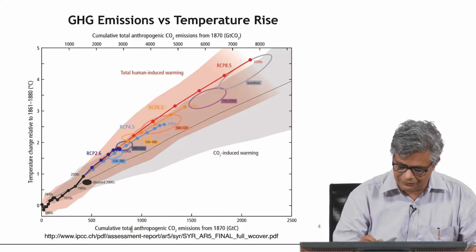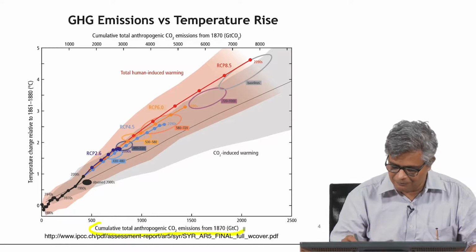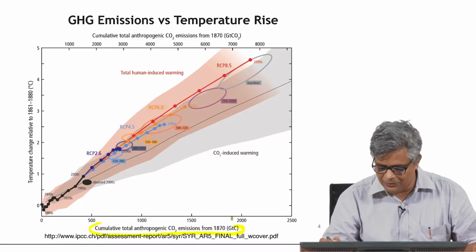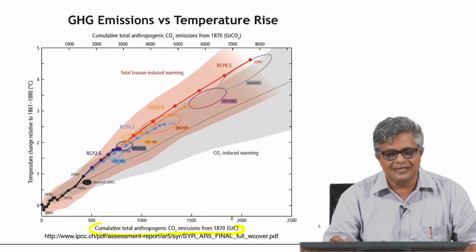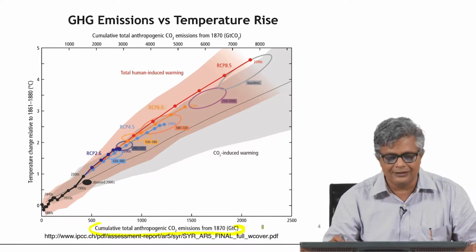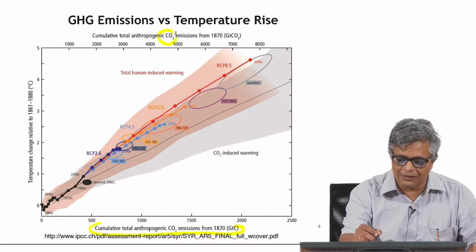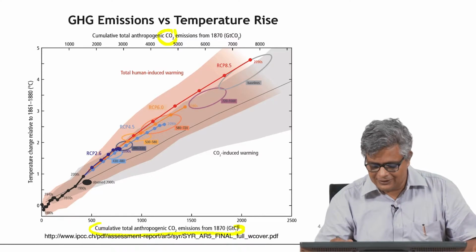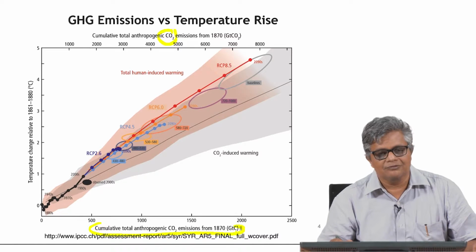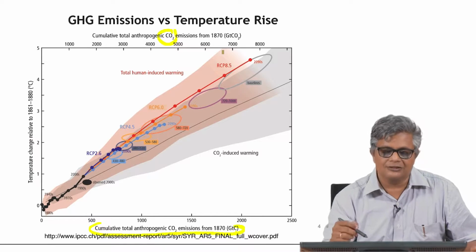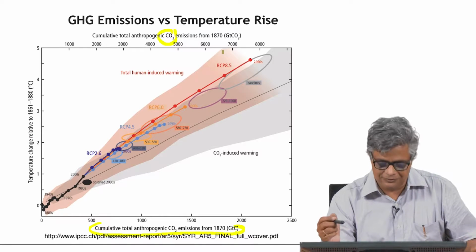In this particular graph, we have on the x-axis total anthropogenic carbon dioxide equivalent emissions since 1870, in terms of gigatons of carbon here and gigatons of carbon dioxide, which is gigatons of carbon multiplied by 44 by 12. This is a cumulative amount from 1870.